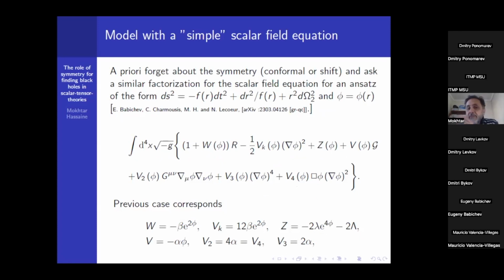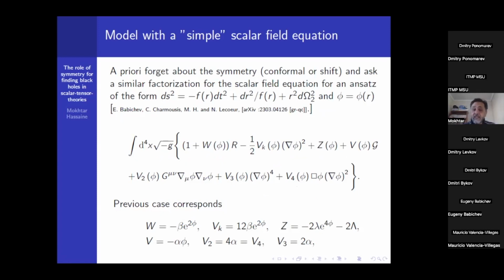So a priori, we decided to forget about symmetry, about conformal, shift, and whatever you want, and ask that a similar factorization for the scalar field equation will yield. I mean, we start with an ansatz like that, and we would like to see if we can generalize this action in order to get a similar factorization for the scalar field.